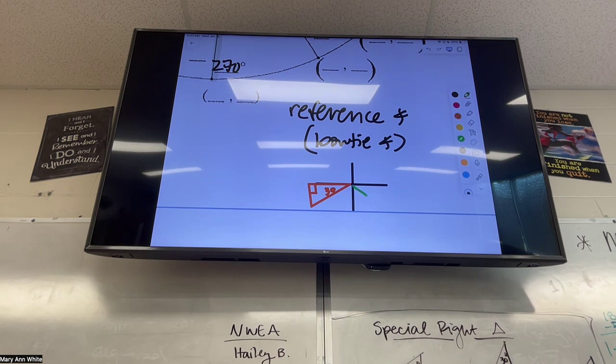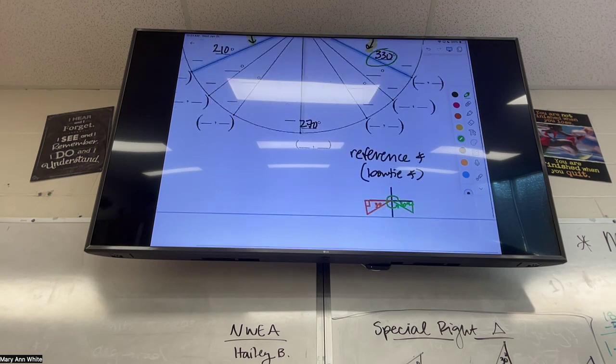Same thing if I were to come down here. If let's say this is also a 30-degree reference angle, I would drop a perpendicular to the x-axis. And technically that would be almost to 360, but I went 30 short, which is why it's at 330. Is everybody doing okay with that?